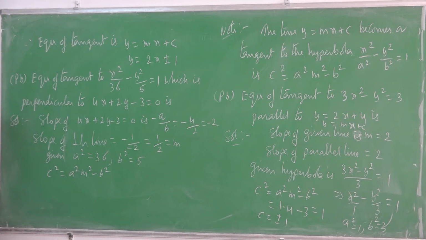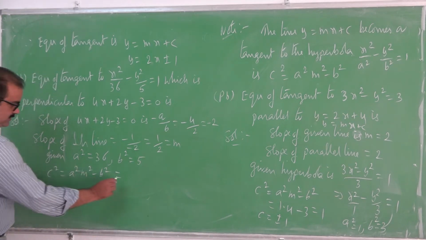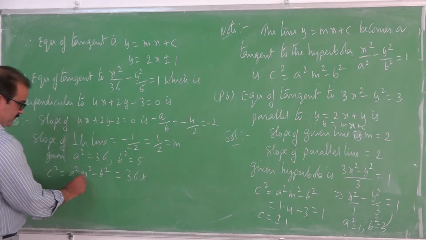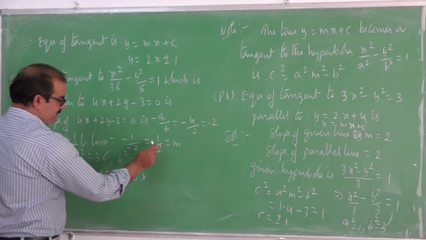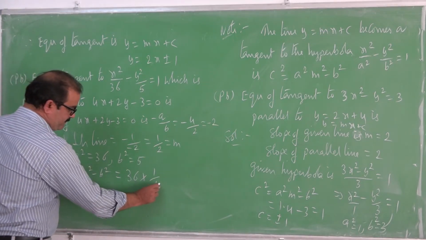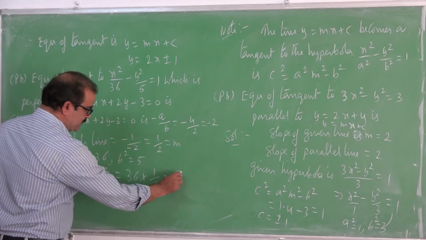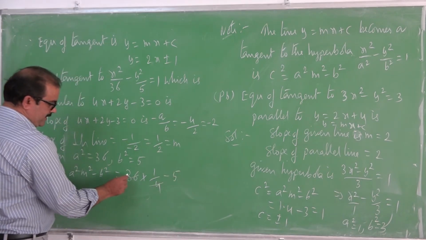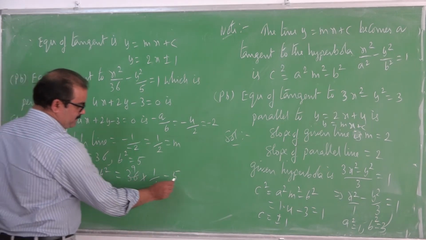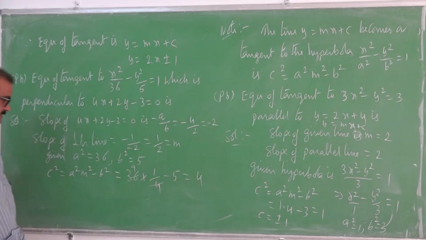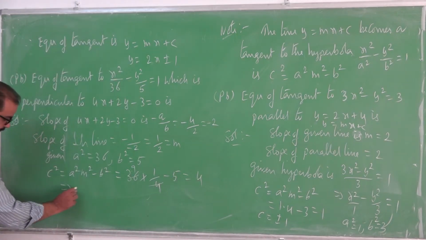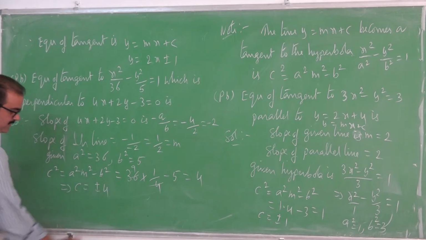Apply this condition. A square 36 into m square, m is 1 by 2, m square 1 by 4, minus b square 5, 9 minus 5, that is 4. C square is equal to 4. Therefore C is equal to plus or minus 4.